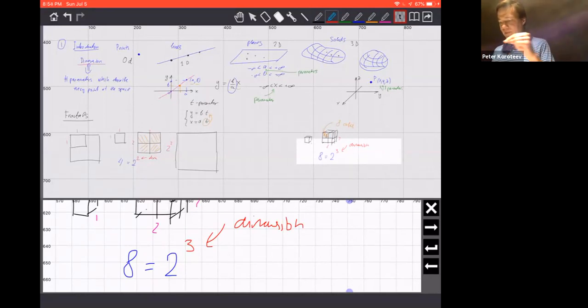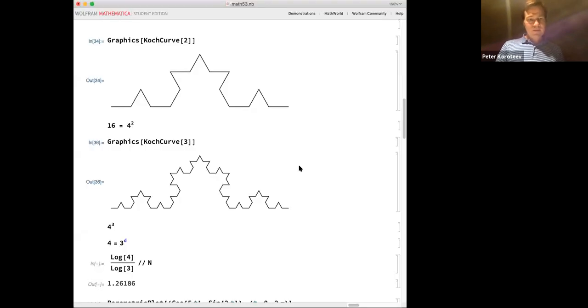Okay, so that's easy. It's even plainly evident. However, if you want to apply this logic to fractals, then you get something interesting. So let's get back to Mathematica. Here, the length scale has changed by a factor of 3, but the mass has changed by a factor of 4.